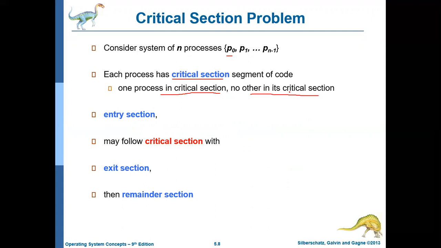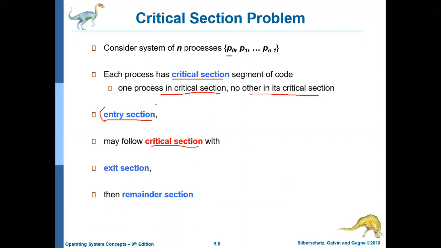Typically, a critical section is preceded by an entry section. In the entry section, the process checks whether any other process is currently in the critical section.